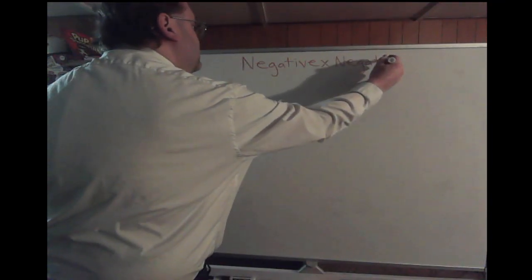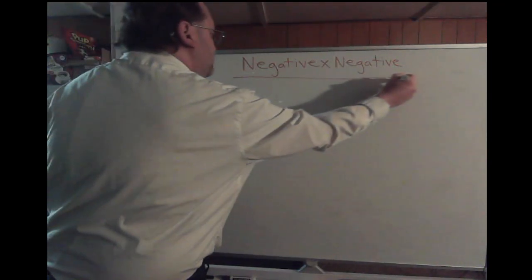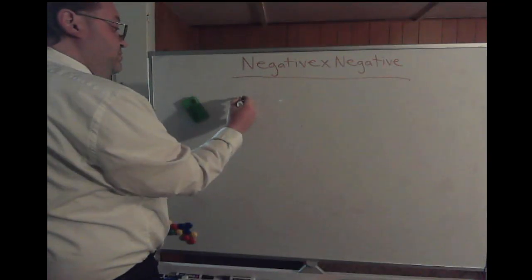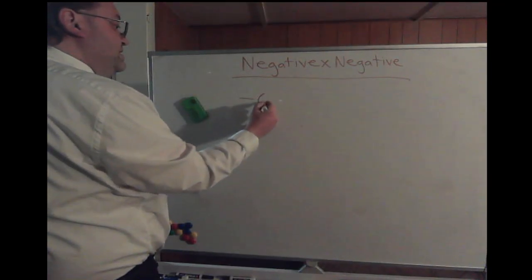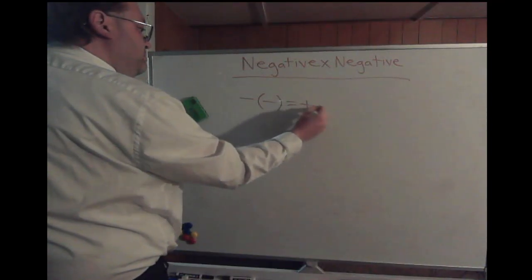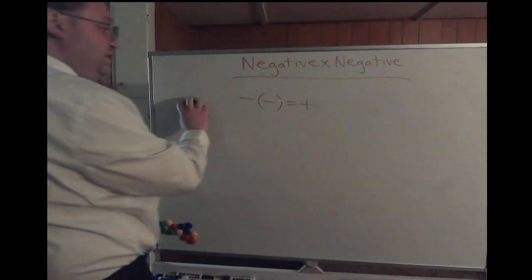Positive times positive is what we've been doing all along for multiplication, so I'm not spending much time on that. But negative times negative, whenever you have a negative times a negative, that's going to equal a positive. So negative times negative is positive.